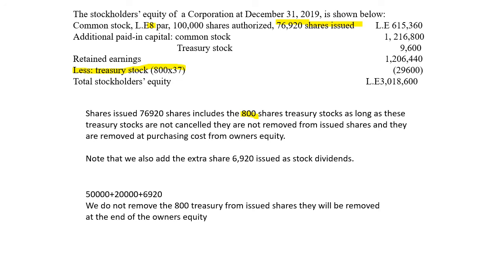Treasury stocks was 800 shares. You multiply the 800 by 37. What's the 37? The original price at which you purchased these shares on date of purchasing the treasury stocks. This is the only value that is subtracted from the owner's equity. So you add all the values, you just subtract the value of treasury stocks, you get the total stockholders' equity.